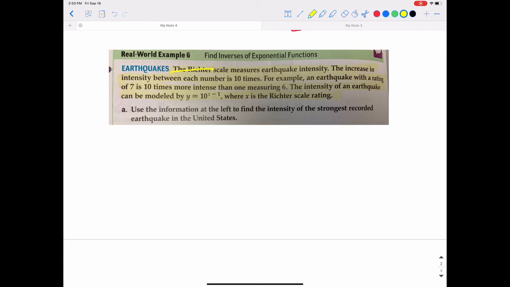You can't see the information on the left because it got cut off, but the strongest recorded earthquake in the United States was a Richter scale 9.2. So to measure the intensity, we would use the formula they gave us, y equals 10 to the x minus 1 power. And so that would be y equals 10 to the 9.2 minus 1 power, or 10 to the 8.2 power.